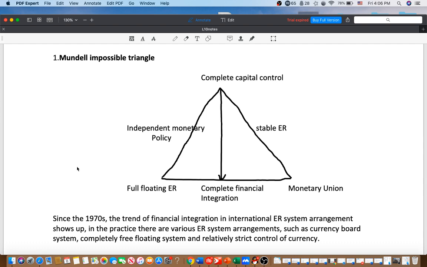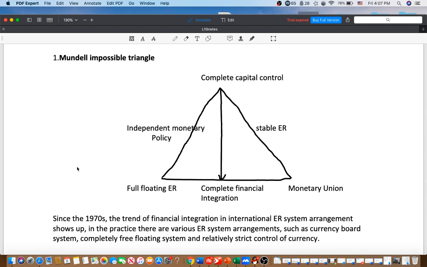Any two sides of the triangle can be combined, and the combined results are represented by the three vertices, the corner points of the triangle.